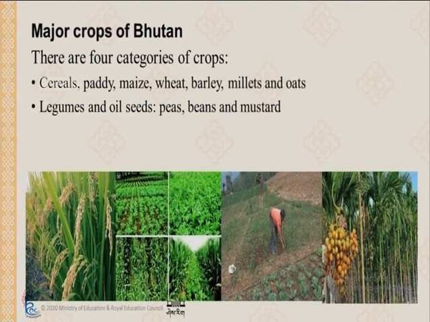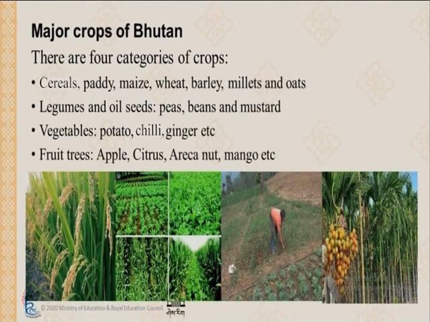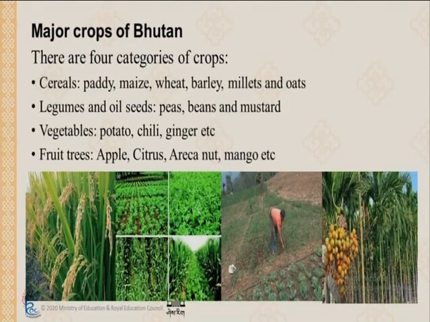Second we have legumes and oil seeds, which includes peas, beans and mustard. Then we have vegetables: potatoes, chilies, ginger and so on. Then finally we have fruit trees like apple, citrus, areca nut and mango, and there are so many other fruit trees.